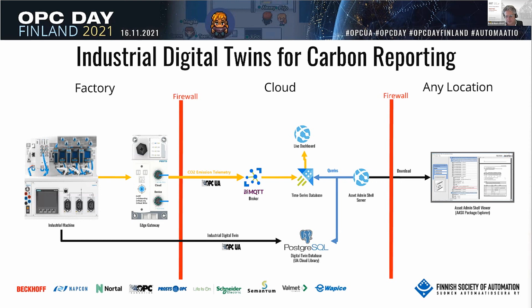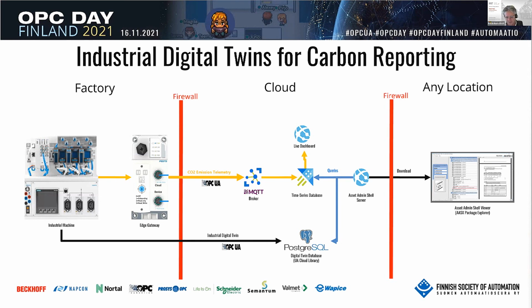You end up getting an asset admin shell that you can download through the asset admin shell viewer that the Platform Industry 4.0 has, and look at the carbon footprint on a per asset basis. I think every minute it moves this piece of plastic from left to right, and that's basically the production step. Then it calculates how much CO2 was produced by moving this piece of plastic from left to right.